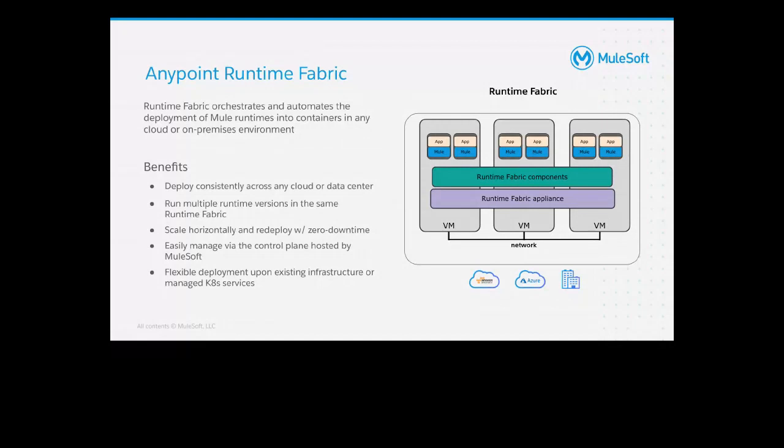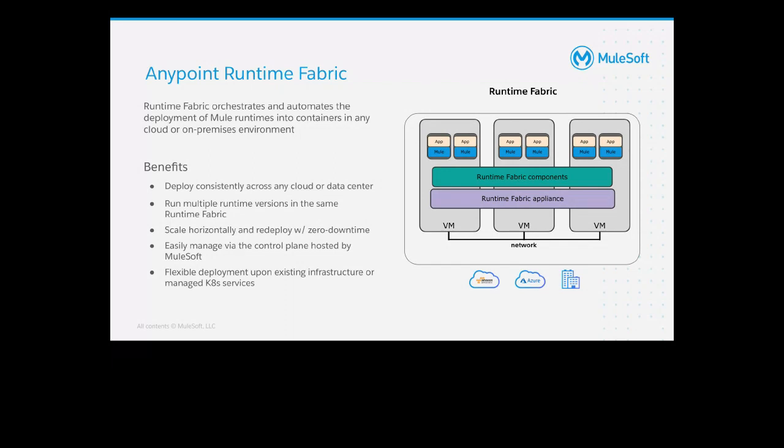The other advantage, and I think this is especially an advantage for customers who are migrating from Mule 3 to Mule 4, is that in Runtime Fabric, you can run multiple versions of the Mule runtime in the same Runtime Fabric. Just as in CloudHub, you can deploy an application on Mule 3.9, 3.9.4, 3.9.5, 4.2, 4.3, etc., next to each other.